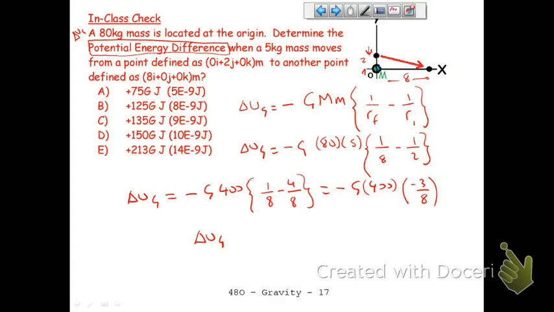Delta UG is equal to plus 5/8 of 40, so that is going to be 50 minus 150 G. It's going to be plus, because that negative and that negative cancel, and this is going to be in joules. Whoops, joules.